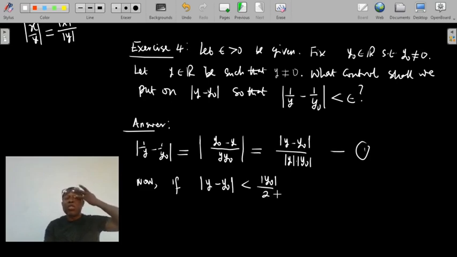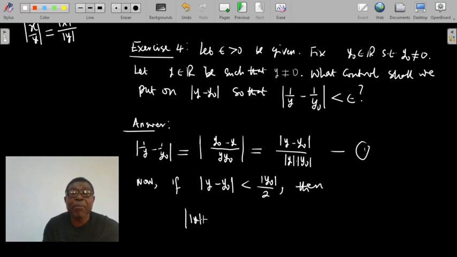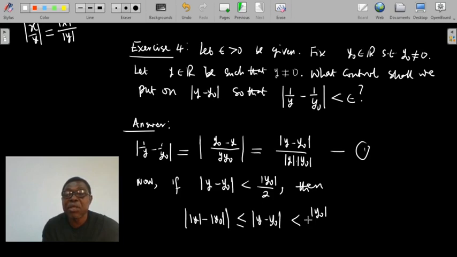If I put this control on absolute value of y minus y naught, then we record the following property. Then absolute value of y minus absolute value of y naught will be, remember, less or equal to absolute value of y minus y naught, and this is less than absolute value of y naught over 2.